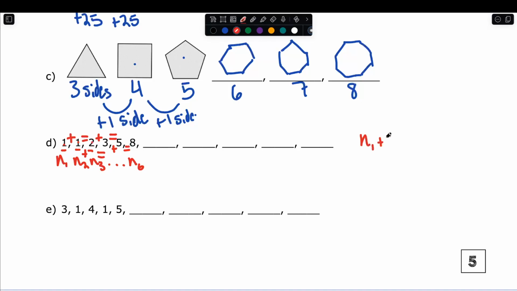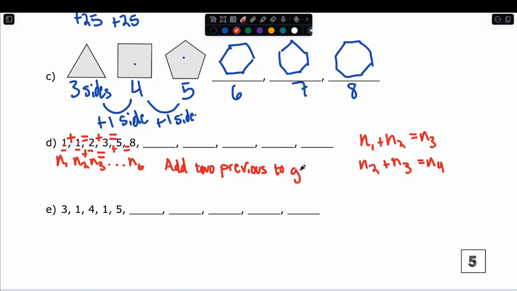So we do N1 plus N2, and that's going to give me N3. I do N2 plus N3. That's going to give me N4. And so what we see with this is that our two previous numbers add together to give me the next number in the sequence. So: add the two previous numbers to get the next number.